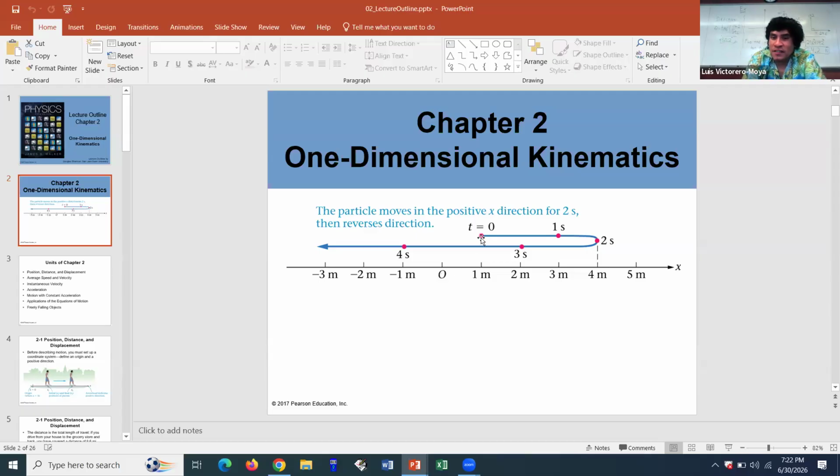The velocity is displacement over time. My displacement was -2. The total time was 4. So -2 divided by 4 is -0.5. So my velocity is -0.5 meters per second. You see the difference there between velocity and speed? And by the way, that velocity is -0.5 meters per second to the left.